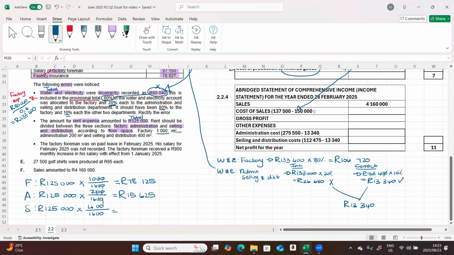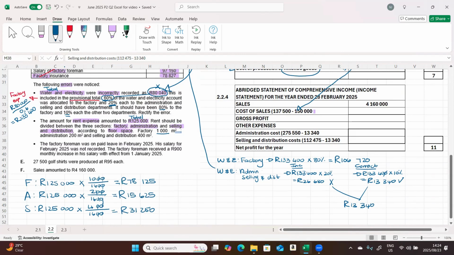And then lastly, for selling, you take your 125,000. Once again, the zeros will divide out, and then that would be a quarter. Or you just times it with 400 over 1,600, or 4 over 16, or when you simplify the fraction even further, it's going to be a quarter. So it's times whatever you choose, and then that is going to be 31,250.